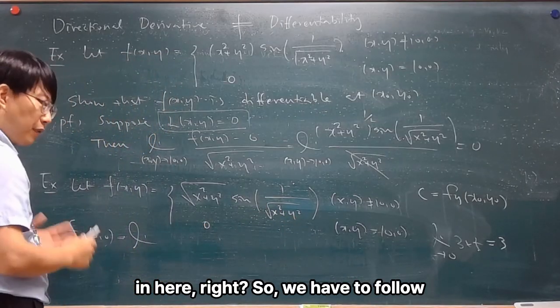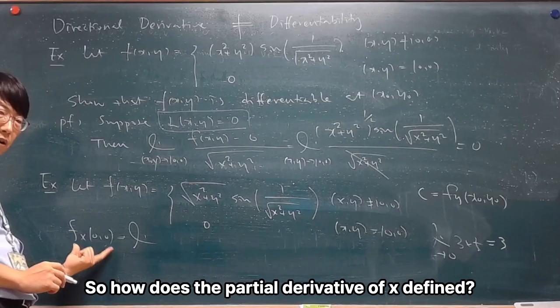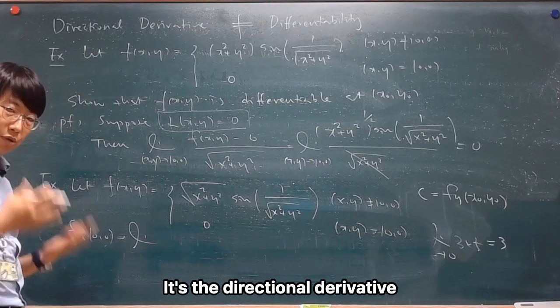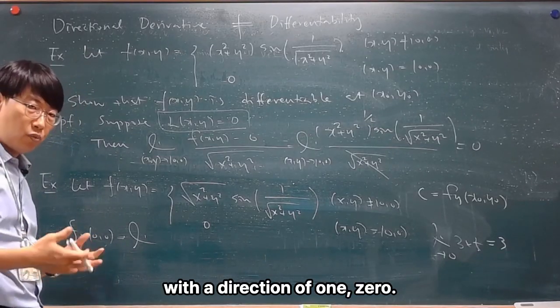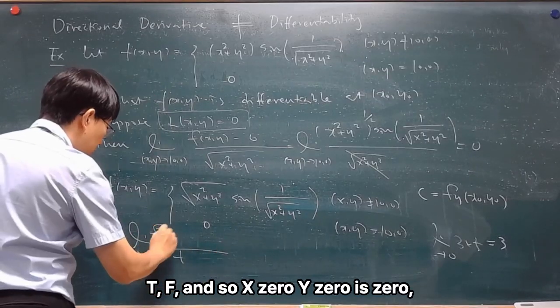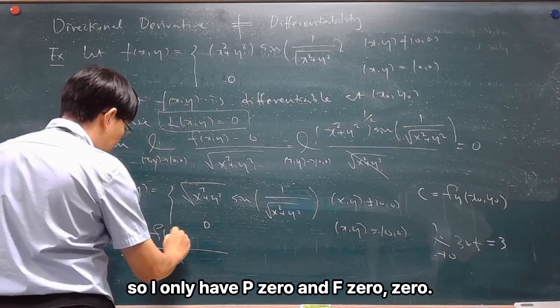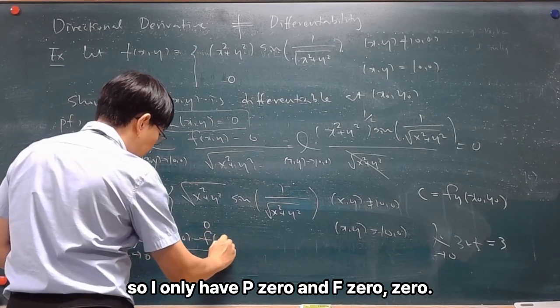So we have to follow the definition of the partial derivative. How is the partial derivative with respect to x defined? It's the directional derivative with the direction of 1, 0. So it's the limit as t goes to 0 of f of t, 0 minus f of 0, 0, over t.